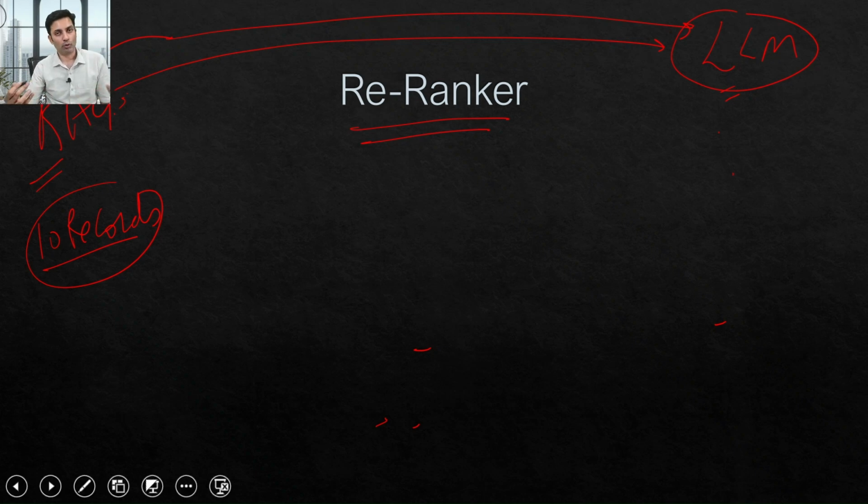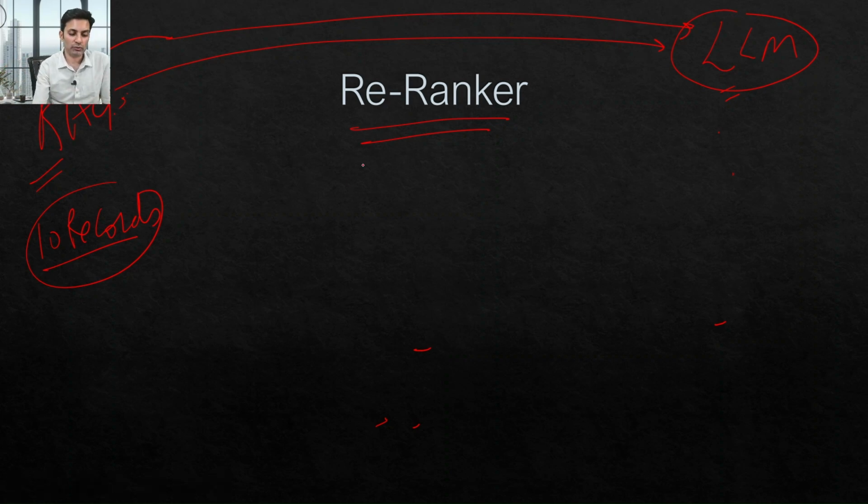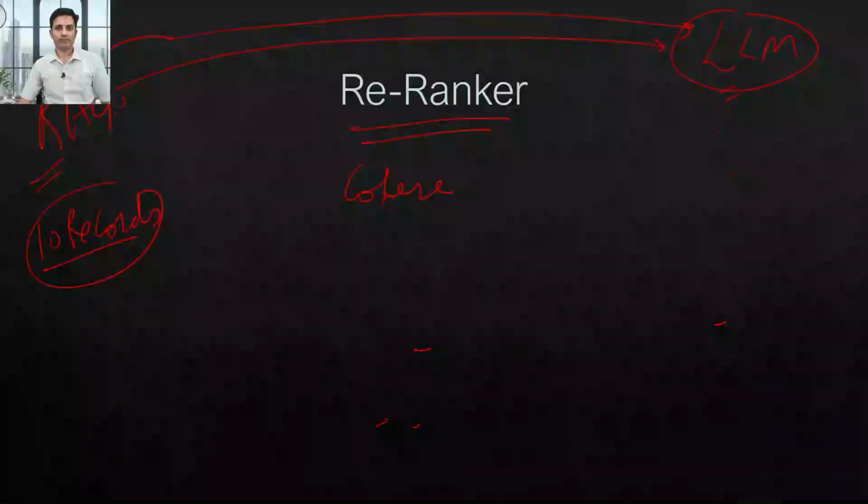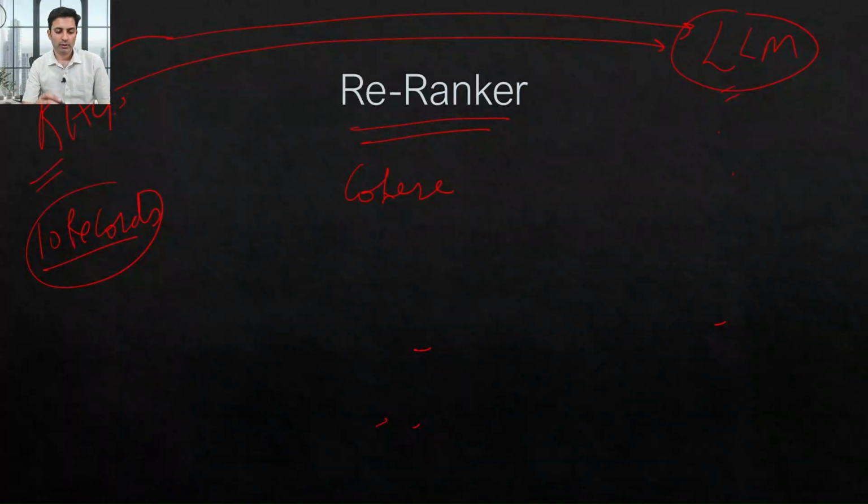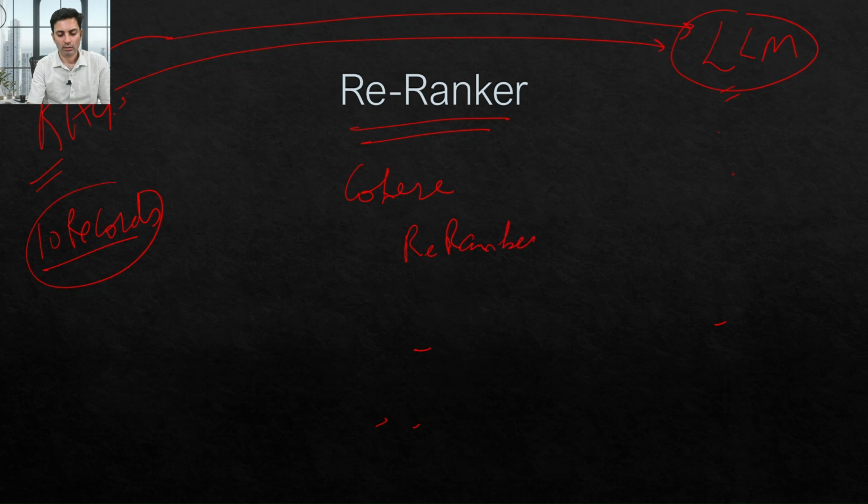There are open source ones and commercial ones, and they are good. Let's say I use the example of Cohere. I was talking about this model, and there is something called a re-ranker from Cohere. This model is what we want to use before giving the data to the LLM. So first give these 10 records to the re-ranker here.